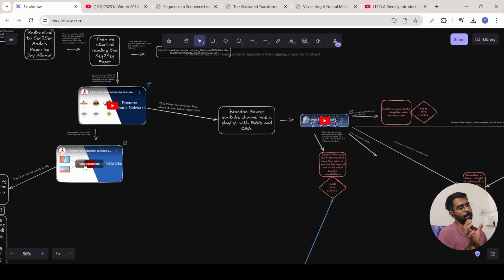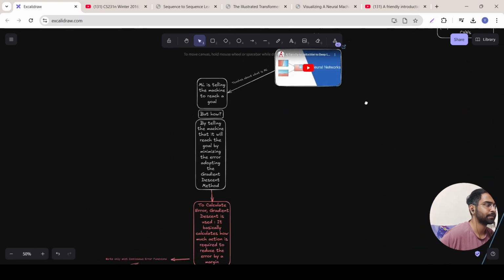But Sereno has taught in a very simple manner compared to Brandon. Obviously, Brandon has taught in a very good manner, but because of my limited knowledge, I wasn't able to understand. But this one, I can say I have understood about 40 to 50% of what he is saying.